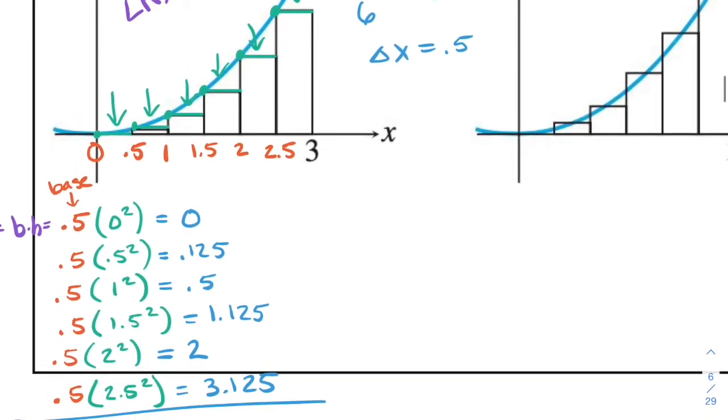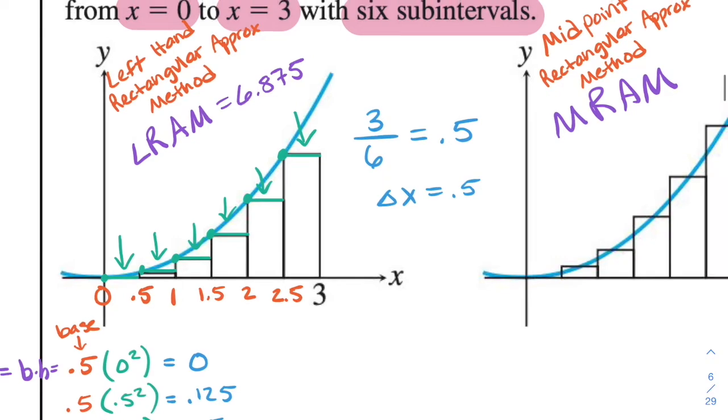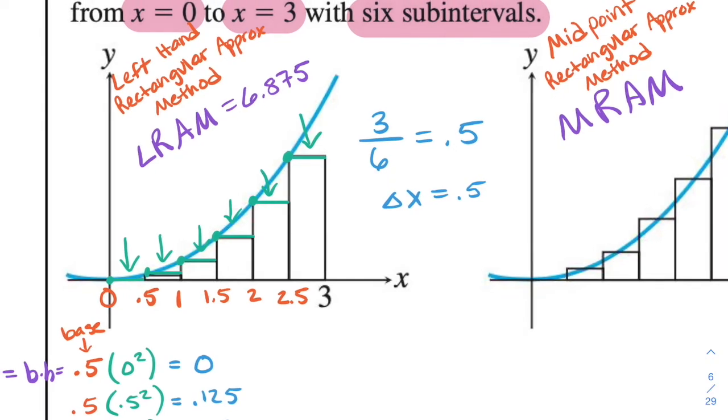So we get 6.875. Okay. Now that was an underestimate, I would say, because we look at all these gaps, right? We have this area not accounted for. We have a little bit of that area. We have a little bit more, a little bit more, and we have all of this not accounted for.